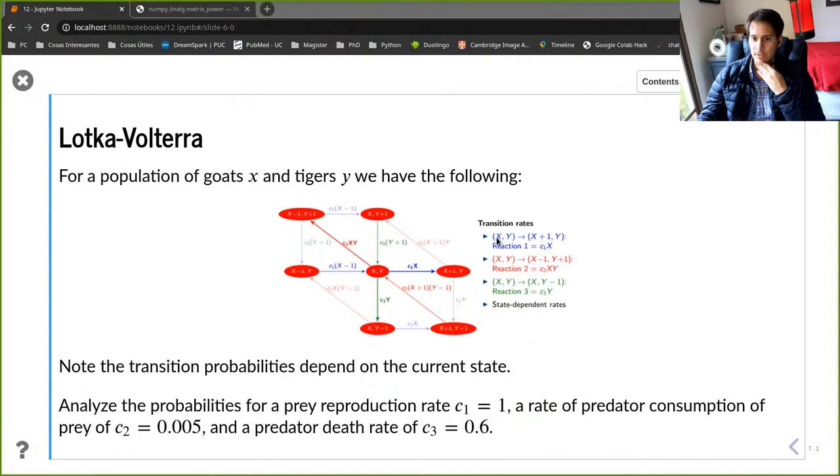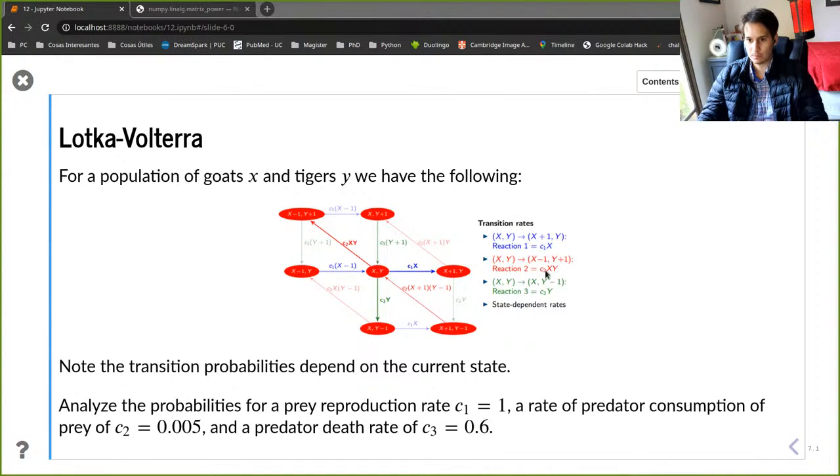So basically, if we have a state that has X preys and Y predators, how can we increase the number of preys by 1? And this is related with C1, that is the reproduction rate. So basically the reproduction rate depends on the number of individuals that we have. And also we have this cross term here that is the rate in which the predator eats the prey.